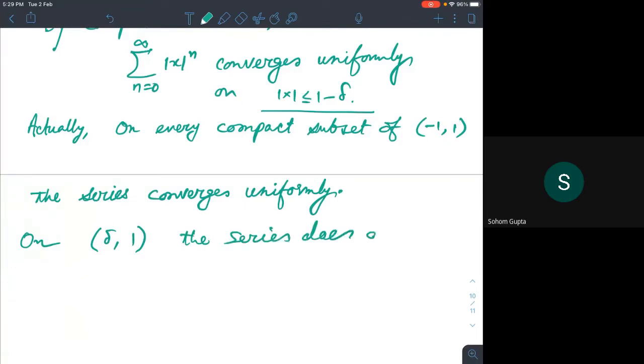If you go up to 1 or minus 1, the series does not converge uniformly. Otherwise, you can make a closure, and it will be a compact set inside minus 1 to 1.